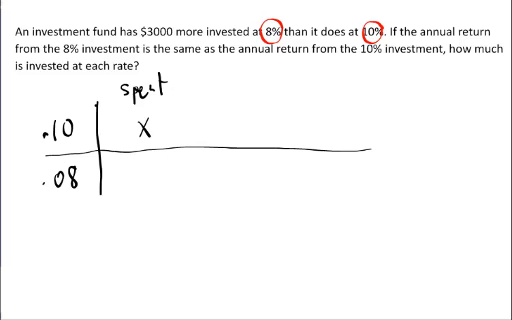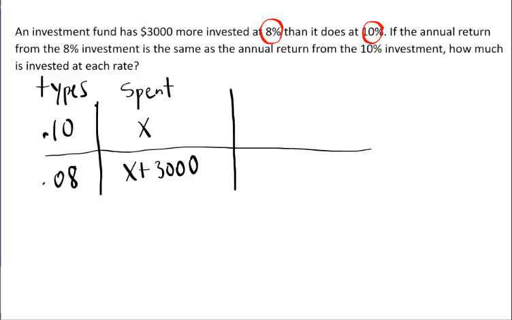We've spent the x plus $3,000 at 8%. So here's our types of investments. Here's how much we've spent. This is bad handwriting. Let's fix that. And then over here is our total amount, our totals.